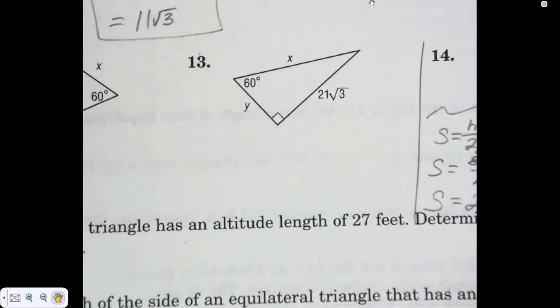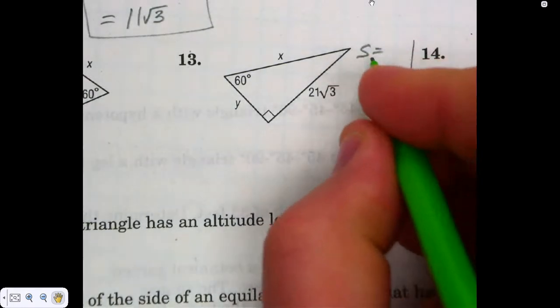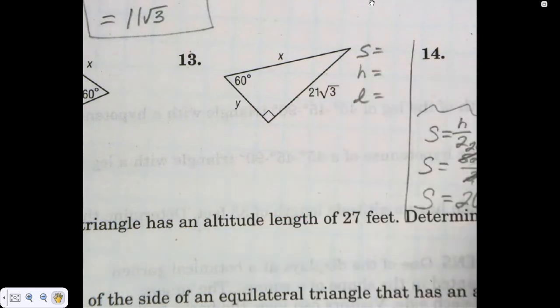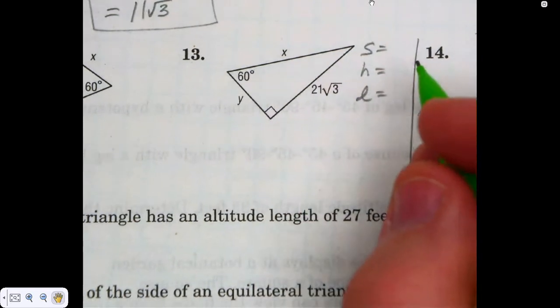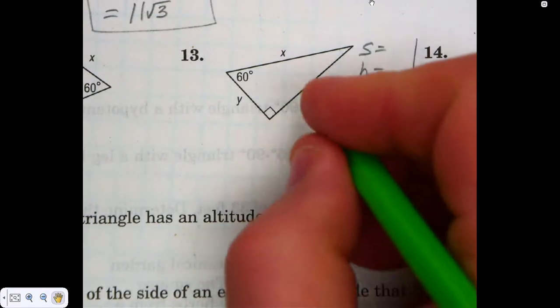On number 13, we've got to identify what's S, H, and L. Well, tell me which are which here, please. L is 21 times square root of 3.